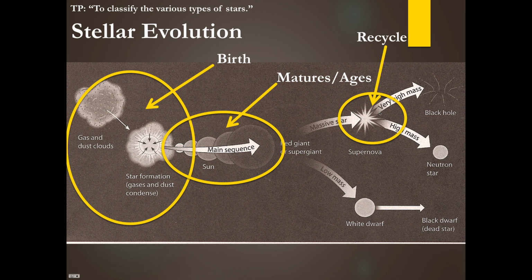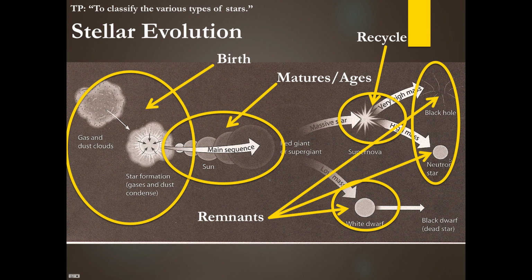So we have the recycling of stars. If it's a large star, eventually it's going to blow up, what we call a supernova, and all the matter that it created goes out into space and can get recycled. The remnants, what's left over from a very high mass star, can be a black hole or a neutron star. Those are your remnants.